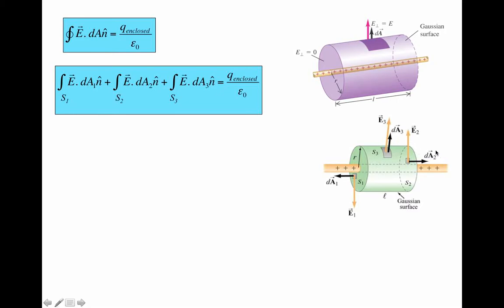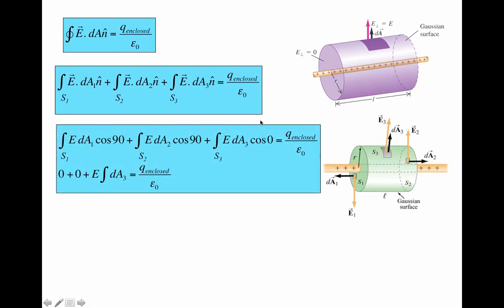However, the area vector for each surface is directed differently. For area 1, the angle between the electric field and area 1 is 90 degrees, so cosine 90 is equal to 0. For surface area 2, again the angle between the electric field and area 2 is 90 degrees, so again that gives me 0.